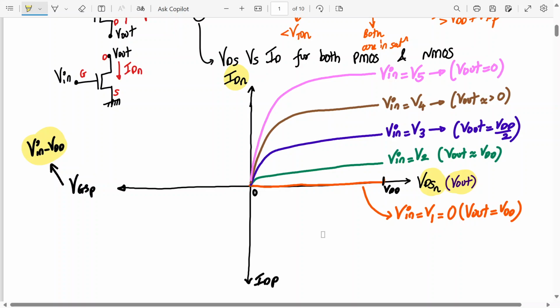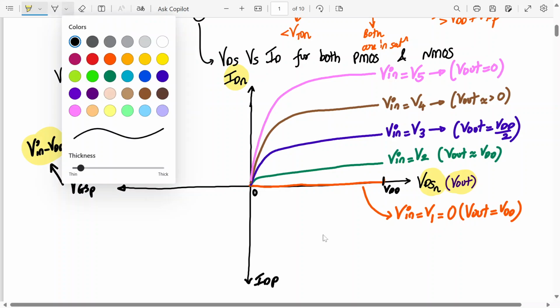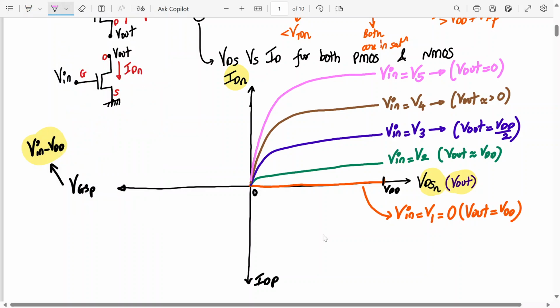V in equal to V5 will come over here on the x-axis. Why? Because at V in equal to V5, V in is almost equal to VDD. So when V in is equal to VDD, what is VGSP? VGSP is almost equal to 0, on the x-axis. Yes or no? You understanding? So this point, I'll use the same colors. This time, it will come on the x-axis. Let's say this is VDD.